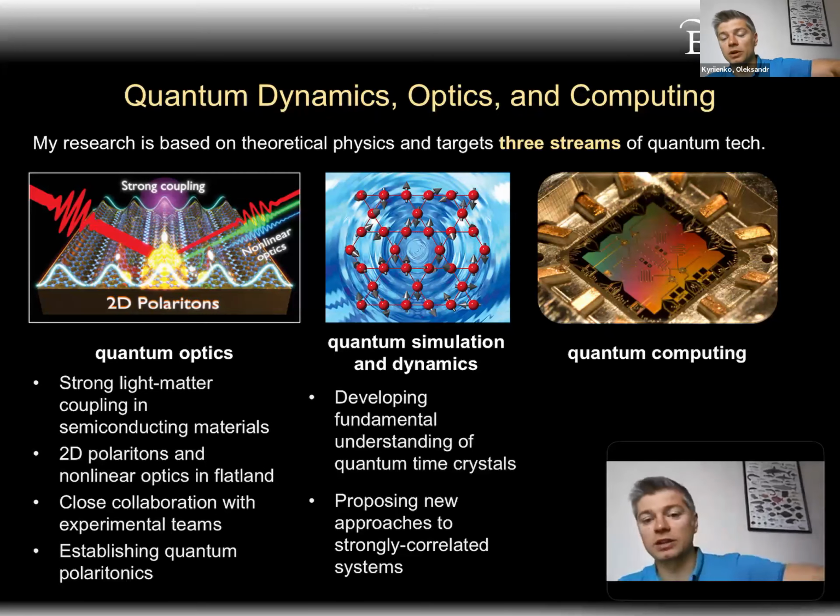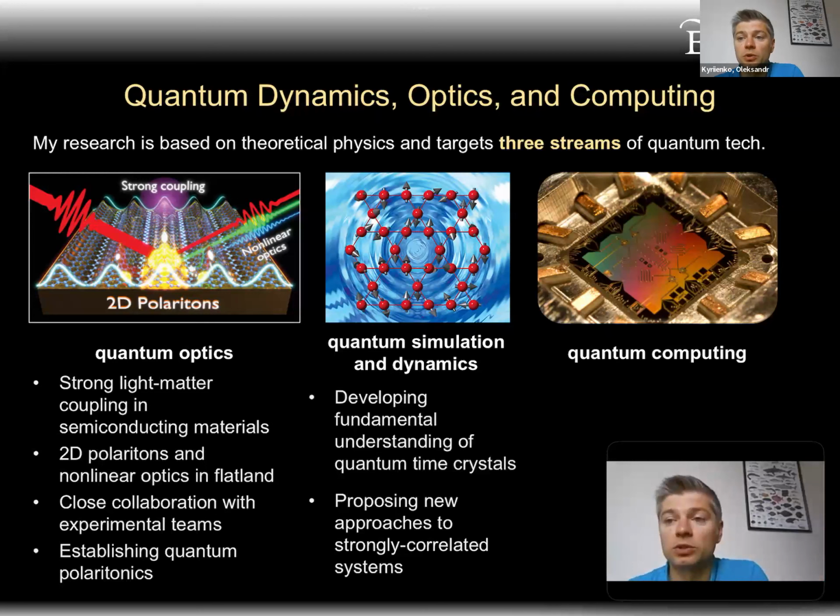Second, I also study quantum dynamics and quantum simulation. The goal is to understand how we can implement specific Hamiltonians and how we can evolve systems in time. One example is quantum time crystals or studies of strongly correlated spin models.